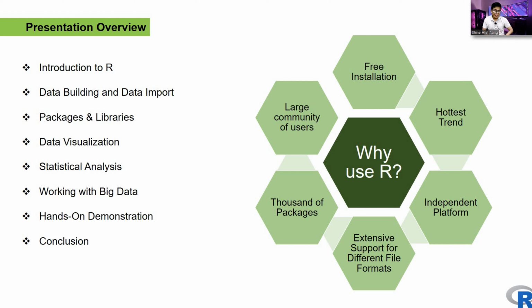You can use any operating system, Windows or MacBook or anywhere. And R software supports different file formats. That means in R software you can use any data format, CSV file or HTML file or any format.